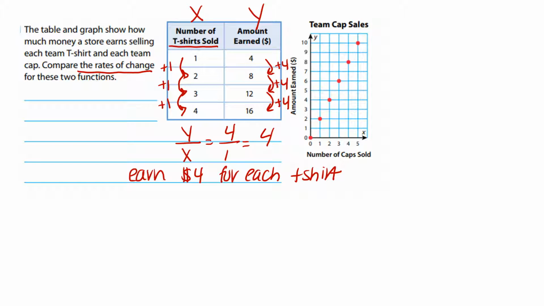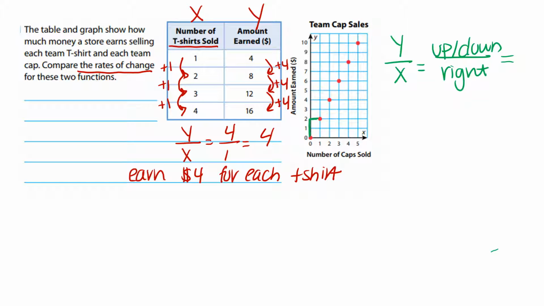That's for the table. Now, for the graph, we're starting here at 0, and so we're going up 2 and over 1. Remember, we write it as a fraction, y over x. We go up or down first. Remember, up is positive, down is negative, and then always to the right-hand side.